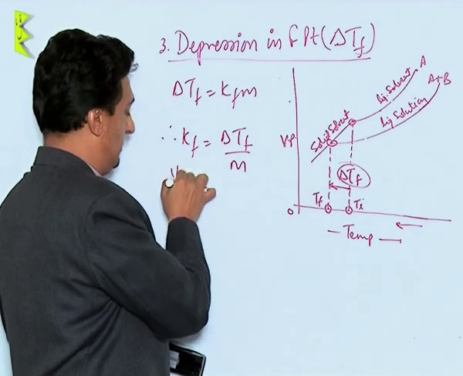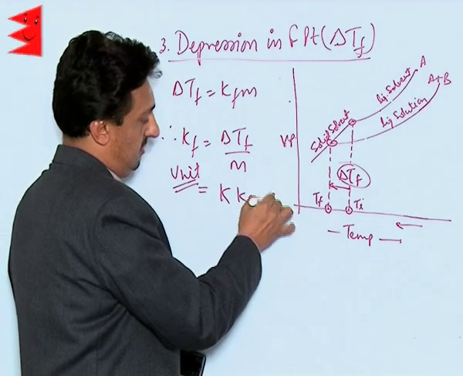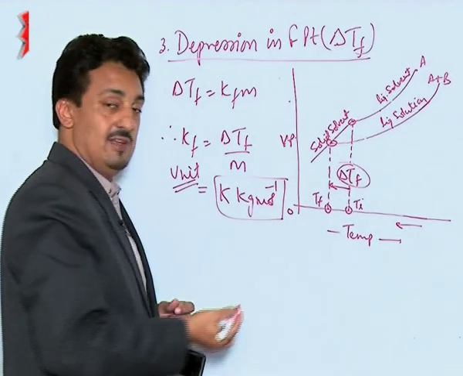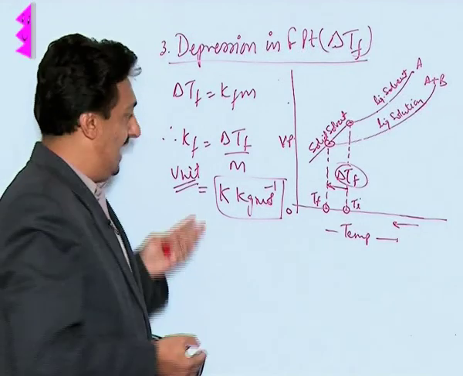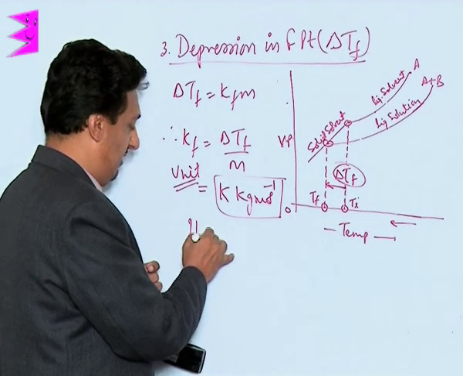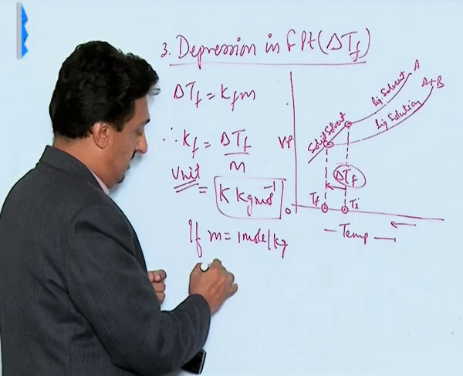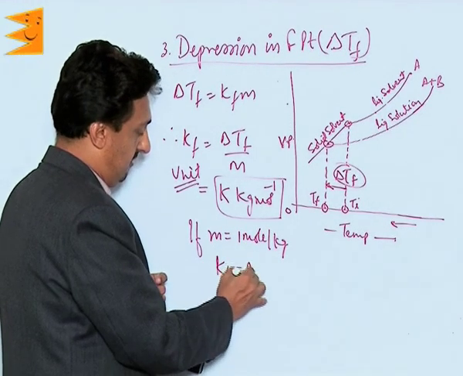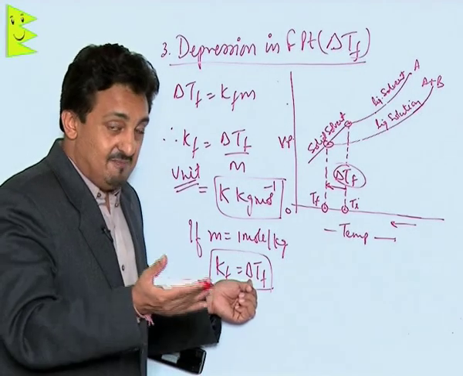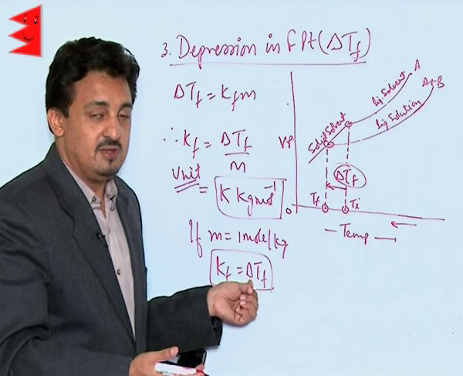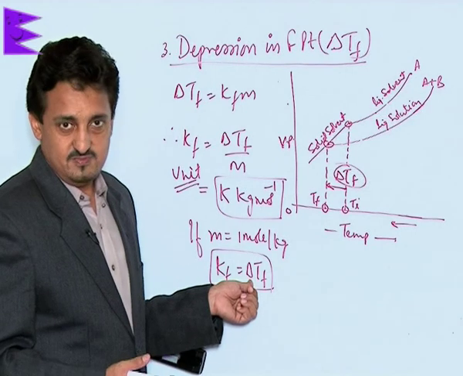So its unit will also be Kelvin kg per mole, which is very similar to the unit of the ebullioscopic constant or Kb. And to define Kf, if we take molality as 1 mole per kg, we find that Kf becomes equal to delta Tf. So we can define it as the depression in the freezing point of the solvent when 1 mole of a non-volatile solute is added to 1 kg of the solvent.